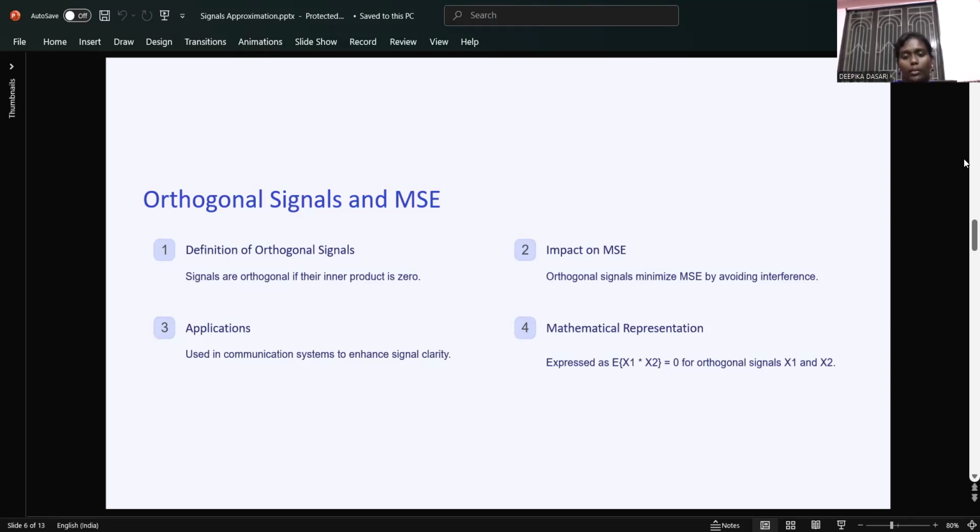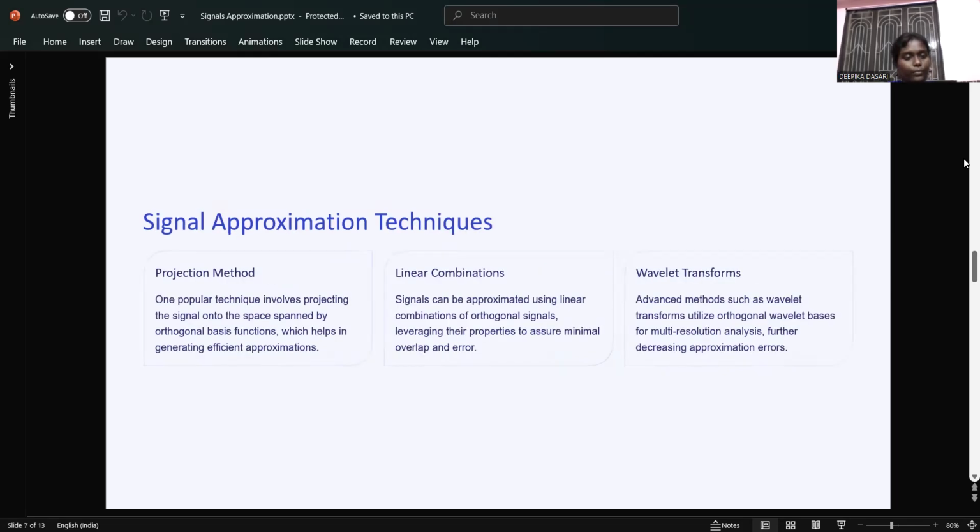The basic mathematical representation can be expressed as E of x1 into x2 equal to 0, where x1 and x2 are orthogonal signals.